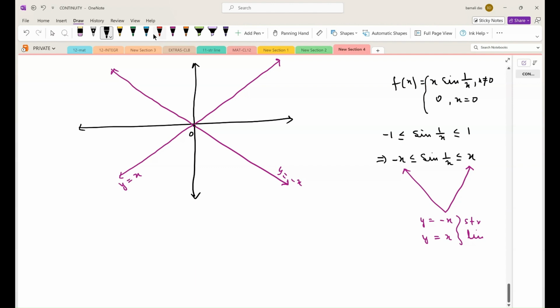Here again we are forcing the sine 1 by x function to approach 0. So as x approaches 0, the function is also gradually forced to approach 0. So this way we can discipline this function either by binding between two lines or by two parabolas. Okay, so I think I'll finish this video here and make another one with some more sums.